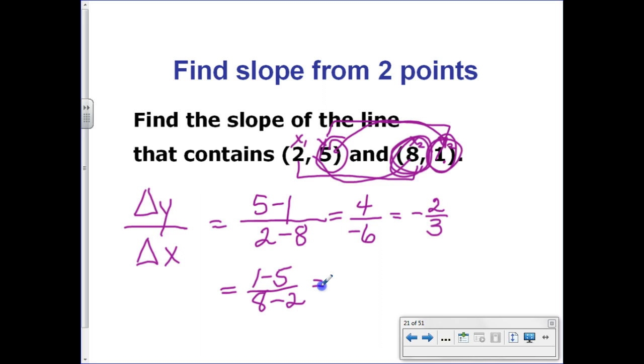And watch what happens. I get negative 4 for my numerator. I get positive 6 for the denominator. You still end up with the same answer, negative 2/3. So really, it doesn't matter which order you subtract in, as long as you're consistent with which point you start with. So really, finding the slope means just subtract.